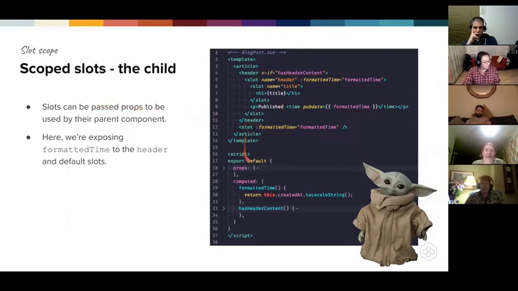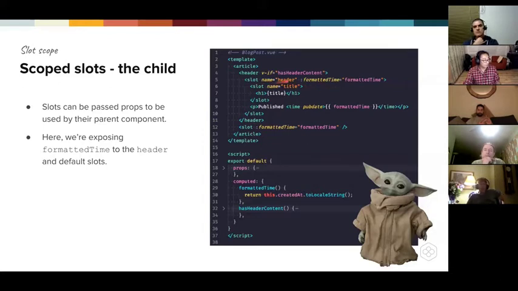Let's say that I actually want access to this formatted time. It's useful. I want to be able to show the formatted time. I'm passing from the parent a date object, created at. The child is using that in a computed property to return just a readable string, formatted time. Now I want that formatted time to be available to my slots. So here you can actually v-bind whatever that property is on your slot.